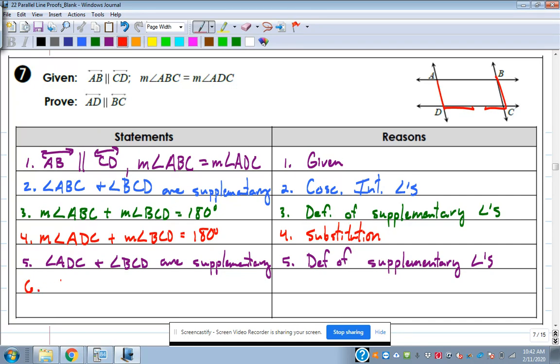So our punchline there is AD is parallel to BC through the consecutive interior angles converse. Not the only way to do that proof, but going in that direction using those would work. If you went another direction, you're going to have to do a very similar process in doing that. Okay.